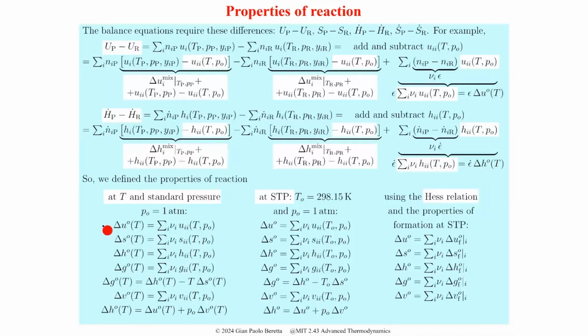And here's the list. You can do that for all properties, including energy, entropy, enthalpy, Gibbs free energy, and even volume. And of course, since these are pure component properties, the relations that hold between properties also hold between the properties of reaction.